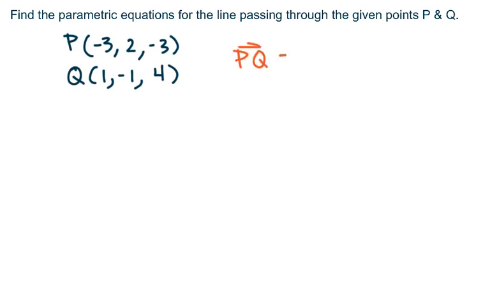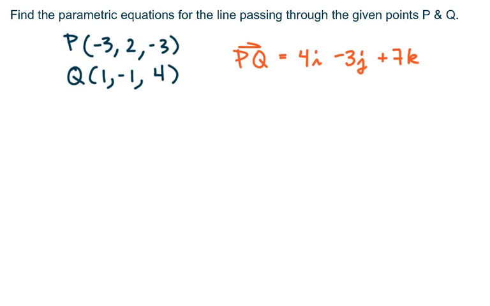So the vector PQ is going to be 1 minus negative 3, which is 4i, negative 1 minus 2, negative 3j, and 4 minus negative 3, plus 7k. This vector PQ is parallel to the line and the parametric equations.